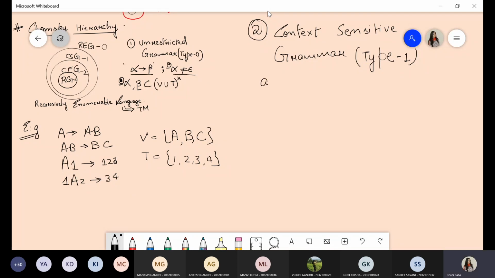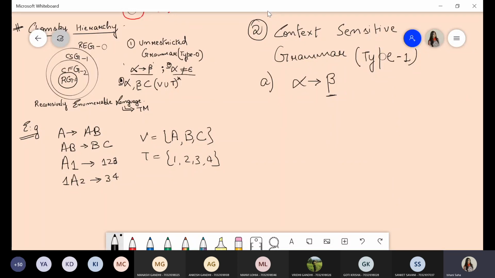The first restriction is: for each production of the form alpha produces beta, the length of beta should be at least as much as the length of alpha.